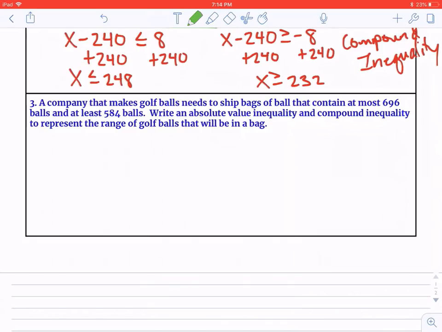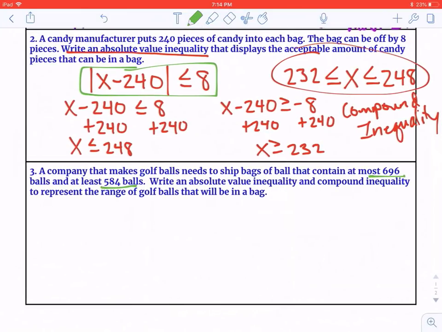So this one actually gives us the compound inequality first, like the statement in the last example is what we're going to start with in the third example. So x is at least 584, and at most 696. So we have that x is between 584 and 696.